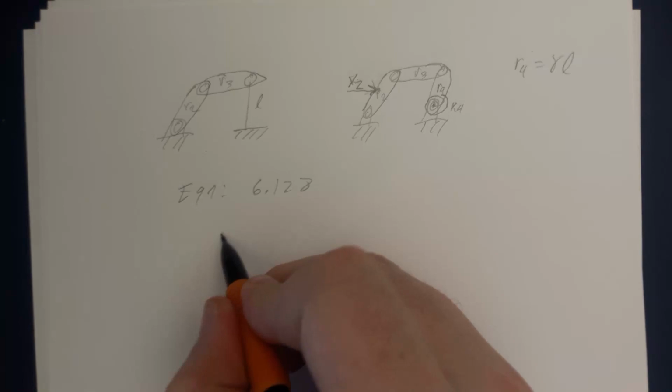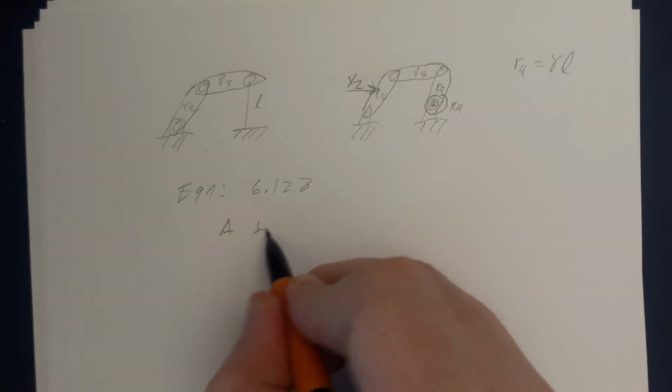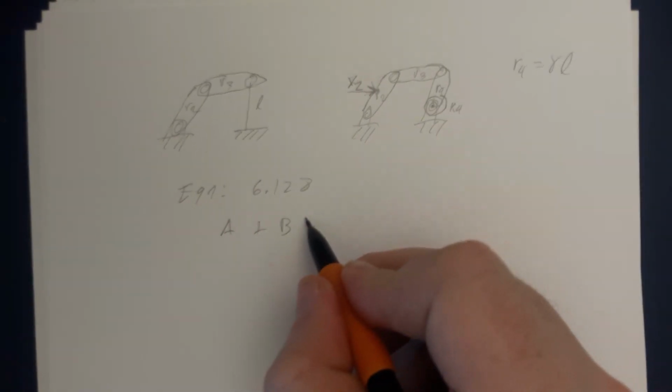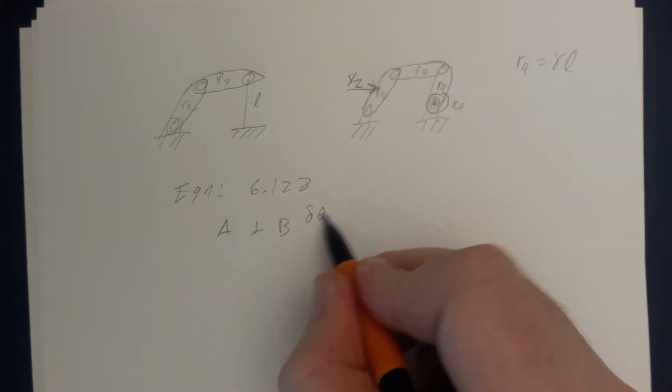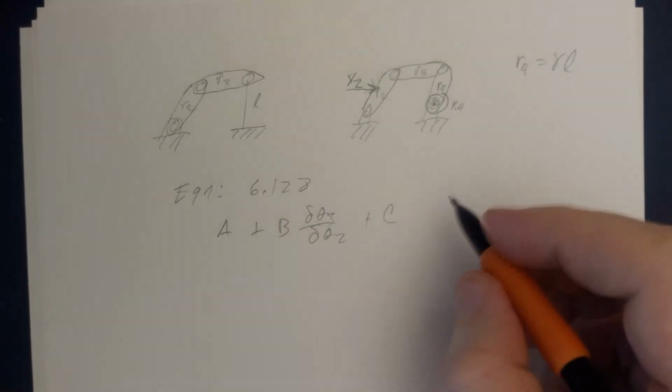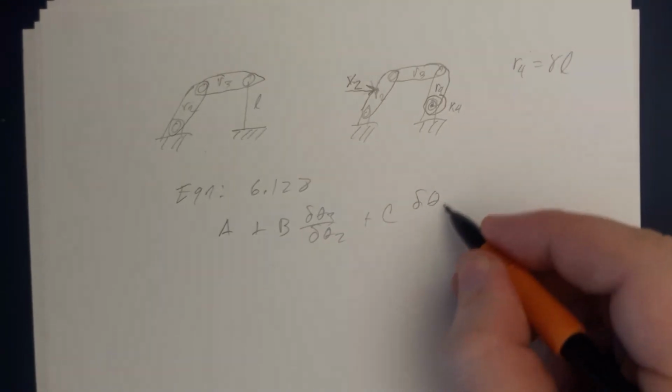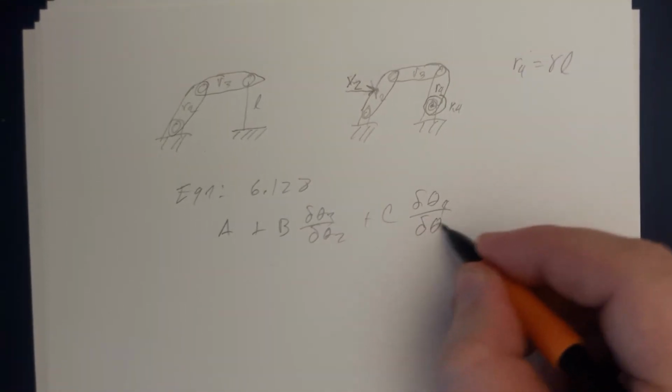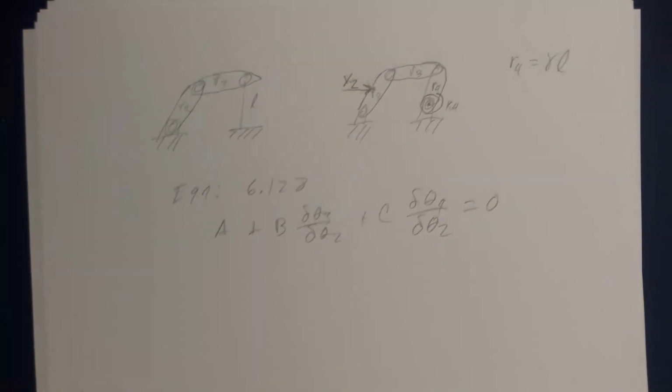And so that's just A plus B d theta 3 d theta 2 plus C d theta 4 d theta 2 equals 0.